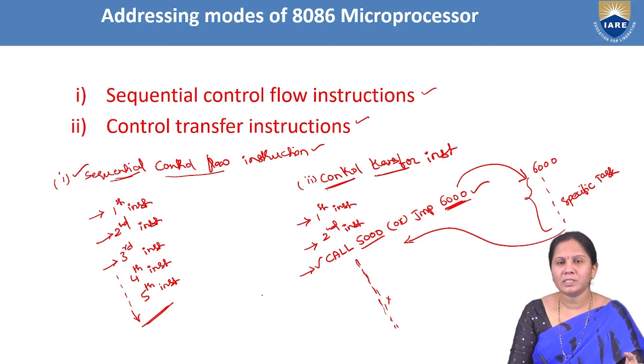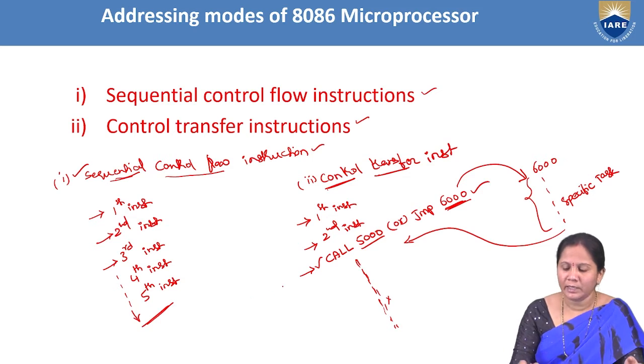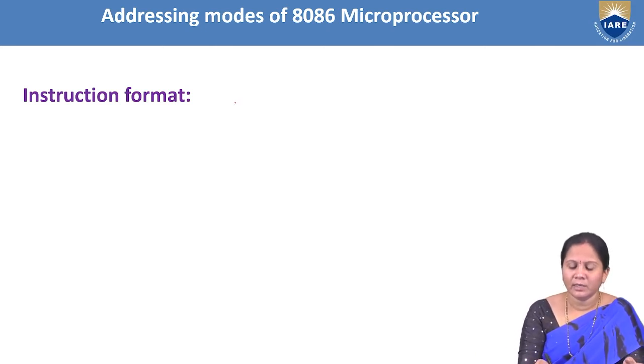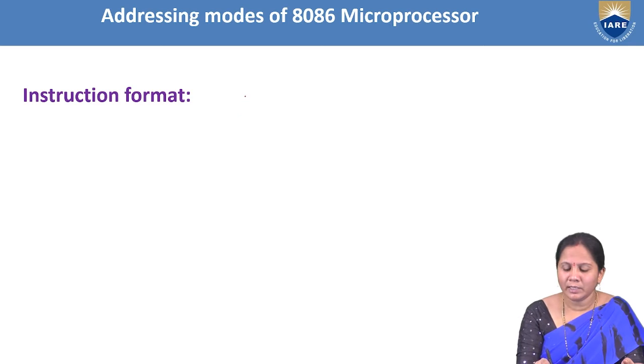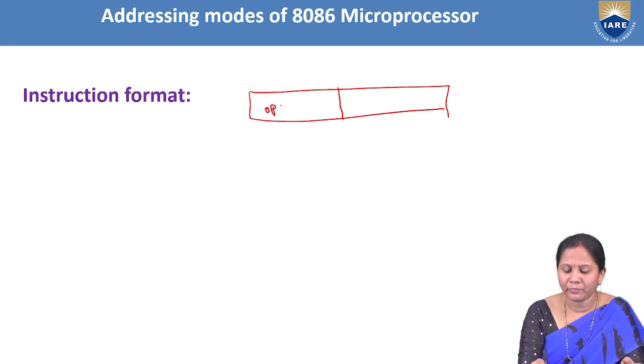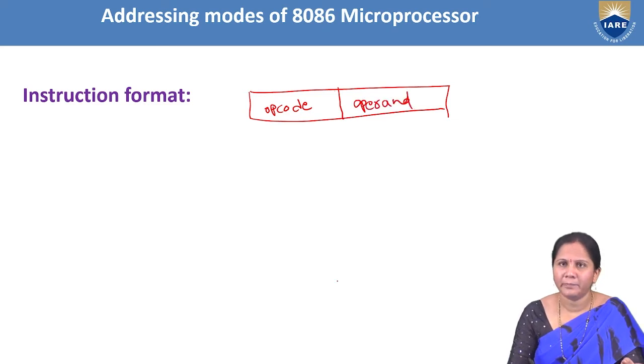Now, generally addressing modes means in how many ways the operand can be accessed. So here we can see the general format of an instruction. The instruction format generally consists of two parts: one is called opcode, another one is operand.